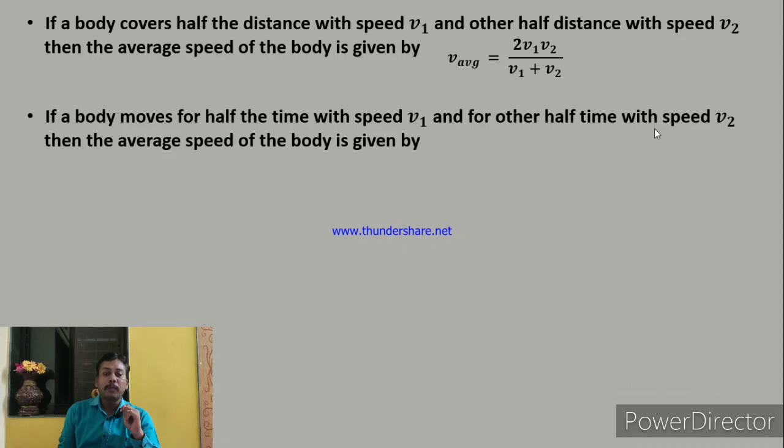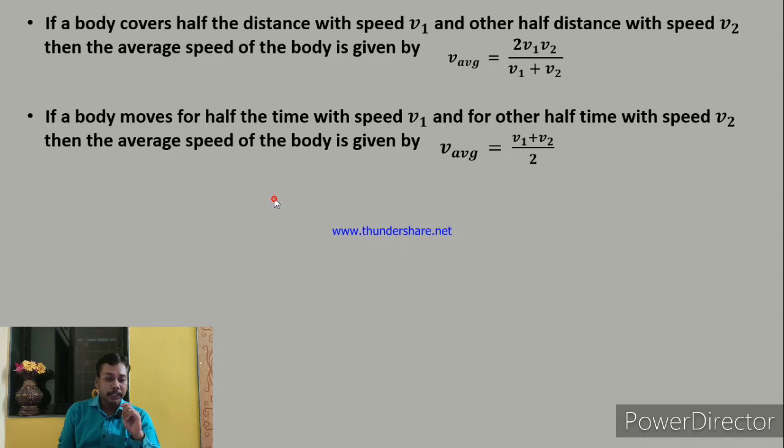Then the average speed is v1 plus v2 upon 2. So consider the difference in these two conditions. In the first, the distance is divided into two equal parts, and in the second the time is divided into two equal parts. So v average is equal to v1 plus v2 upon 2.